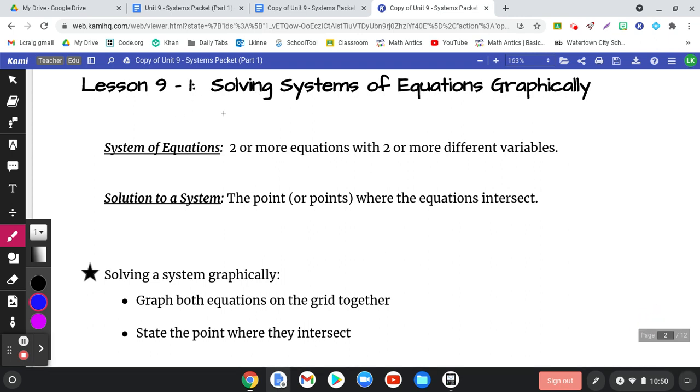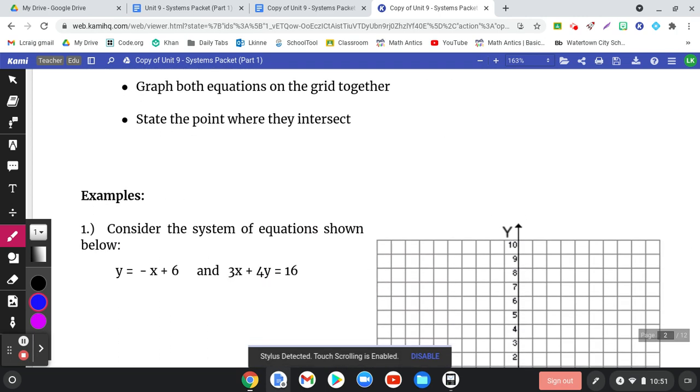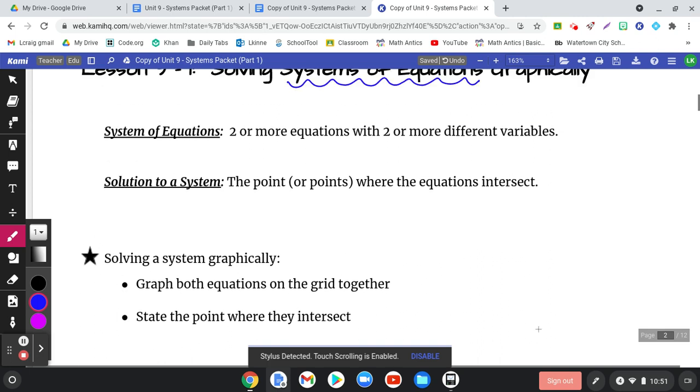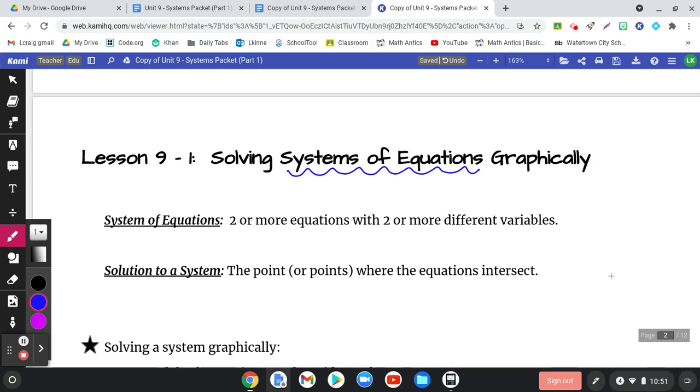All right, so this whole unit is on solving systems of equations. Let's talk about some of these terms that you're going to hear. Systems of equations are basically just two or more equations with two or more variables.